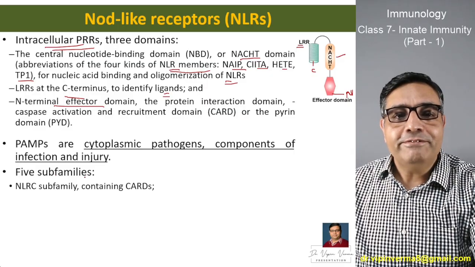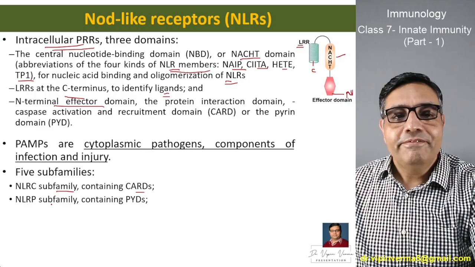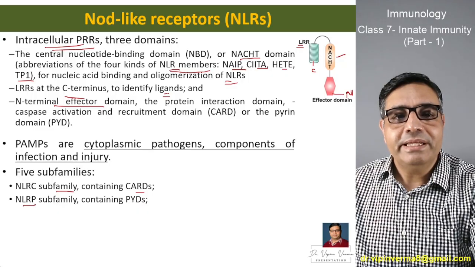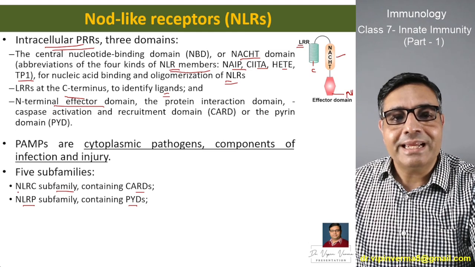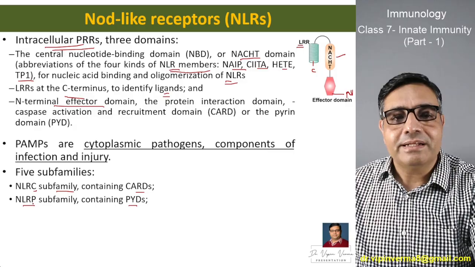Then we have five subfamilies. The NLRC subfamily contains CARDs, and the NLRP subfamily contains PYD. Here NLR remains the same, but the last letter indicates what it has.